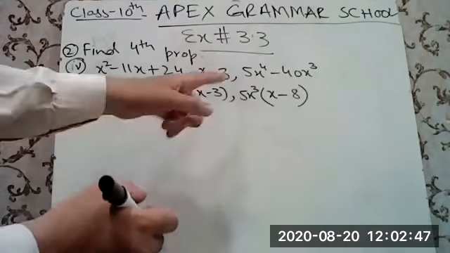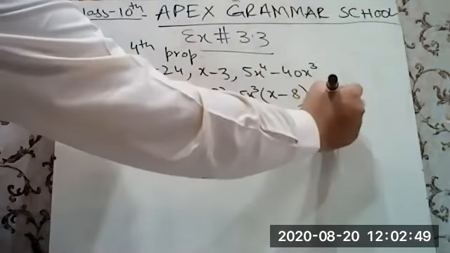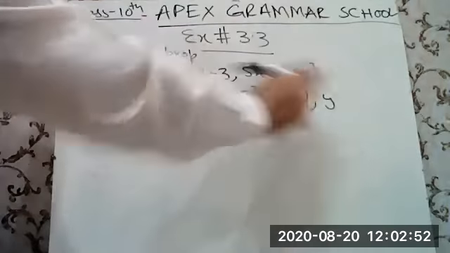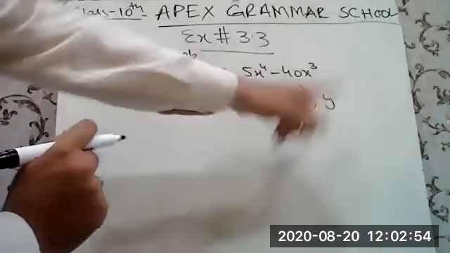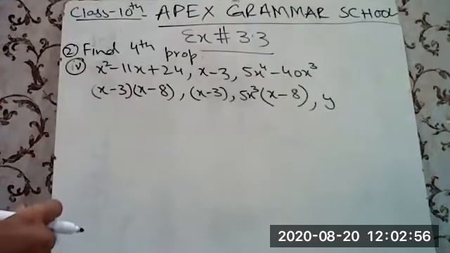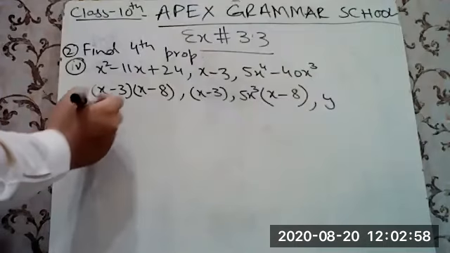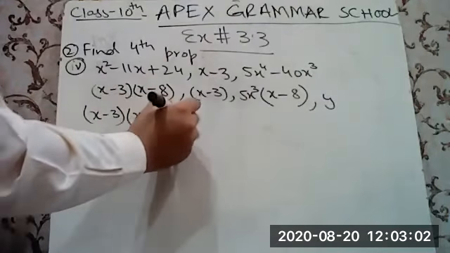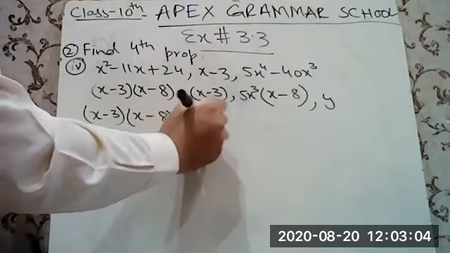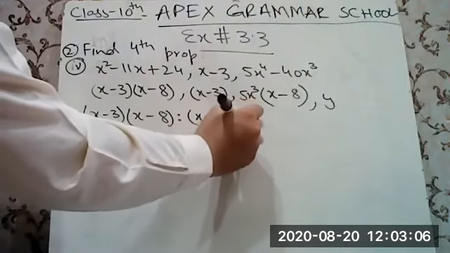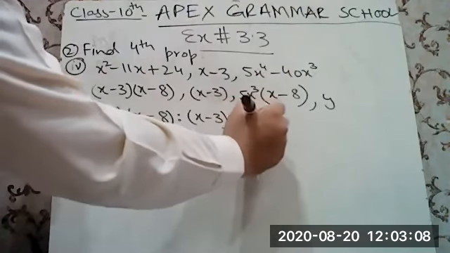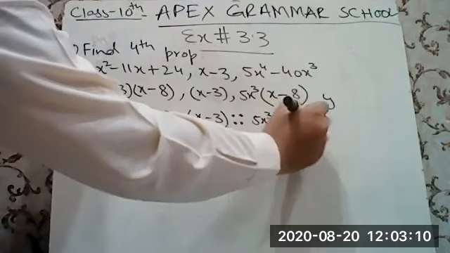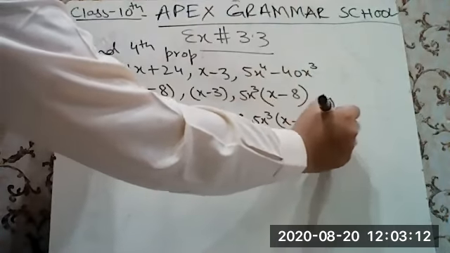Now x is already used here, so you can write the fourth proportional as y. So you need to find the value of y from here. Now you can write it as x minus 3, x minus 8 ratio x minus 3, proportion 5x cube into x minus 8 ratio y.